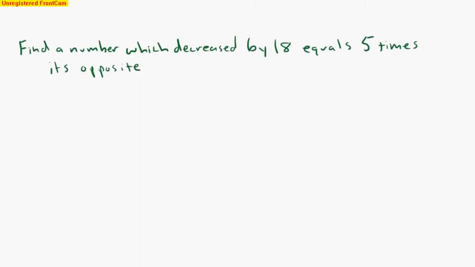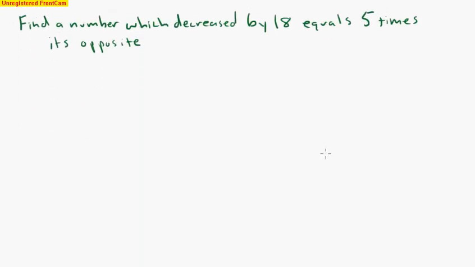Alright, let's do one more. Find a number, that's like our solve when we're done, which when decreased by 18 equals 5 times its opposite.